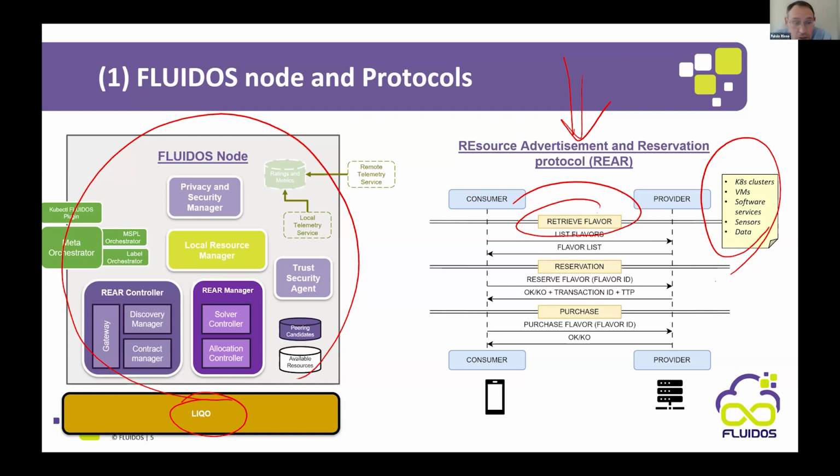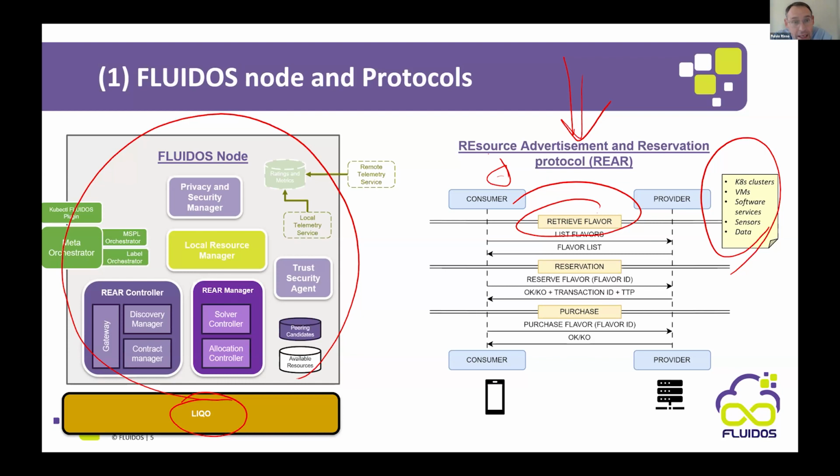Or I can export services and sensors because we are supporting IoT as well. Or we can support data. We can export data, just data. So this kind of information is exported, it goes to the consumer, and the consumer decides what to do.